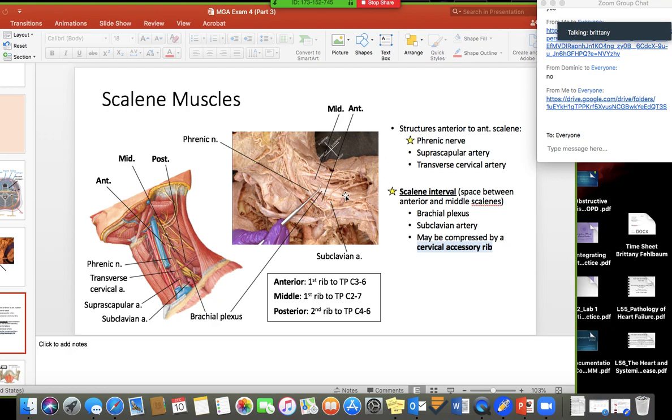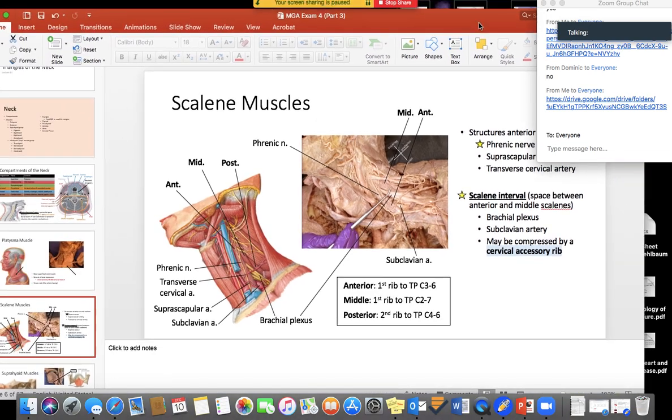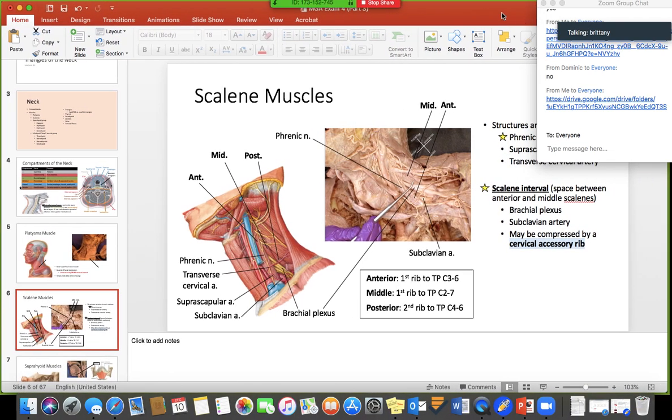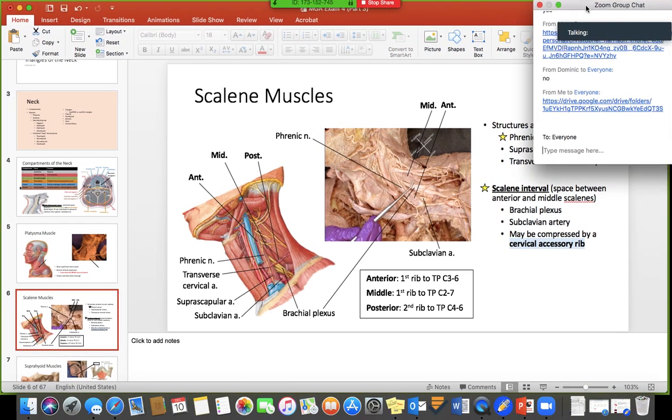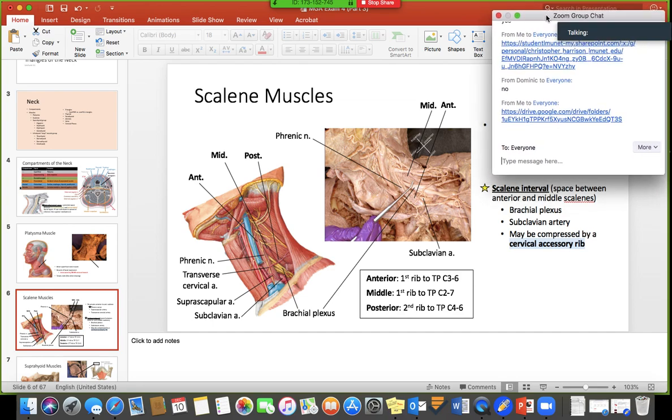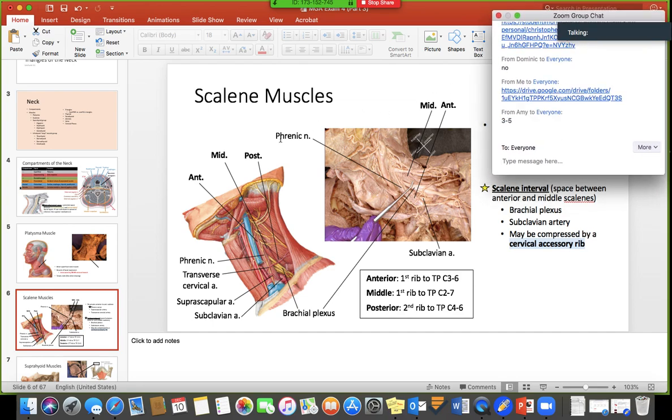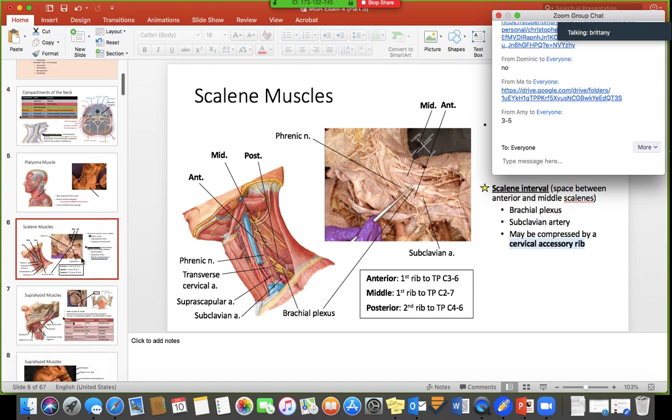And as far as taggable things go, I would know that the phrenic nerve is running on top of the anterior scalene. And what nerve roots contribute to the phrenic nerve? Yeah, right. So C3, C4, C5 keeps the diaphragm alive. Remember that.